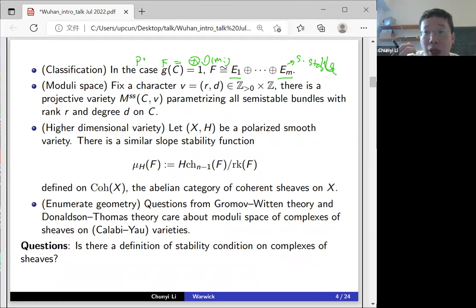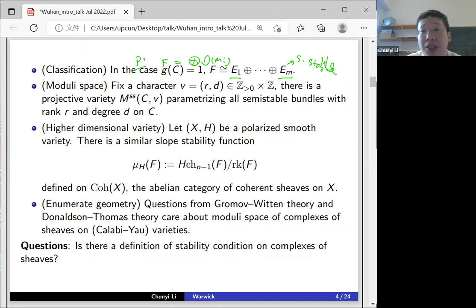But when you repeat the same story for vector bundles of rank 2, you can never get something so nice, because even in the P1 case, you get rank 2 vector bundles with the same degree. It could be O plus O, say degree 0, or O(1) plus O(-1), and you have infinitely many points separate from each other. So it's never a good algebraic variety.